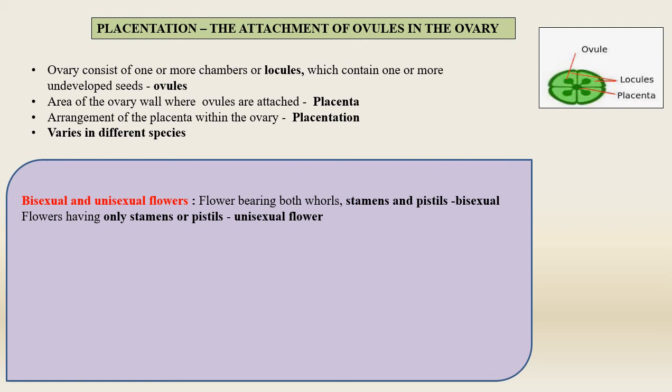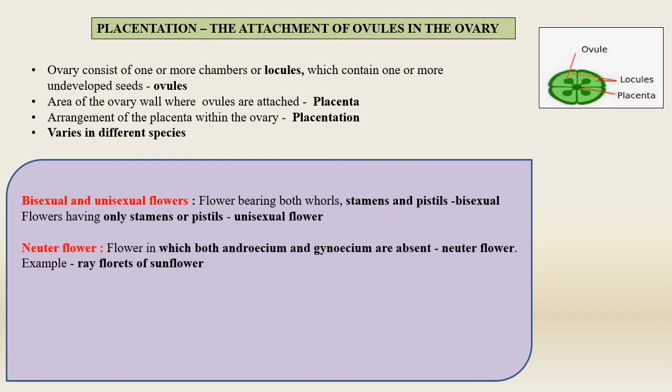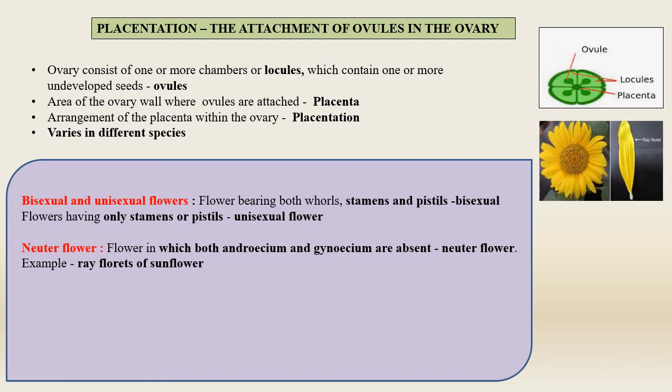That is, the flower bears only one of the essential organs. Neuter flower. A flower in which both androecium and gynoecium are absent is called a neuter flower. For example, ray florets of sunflower.